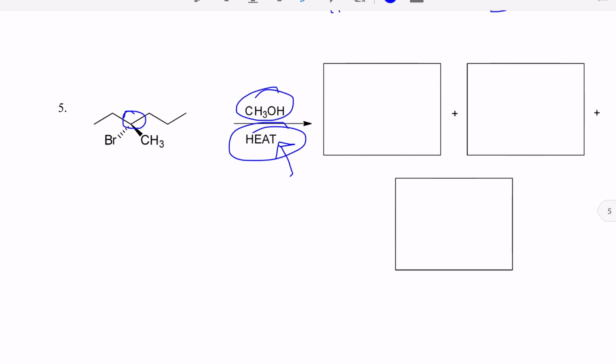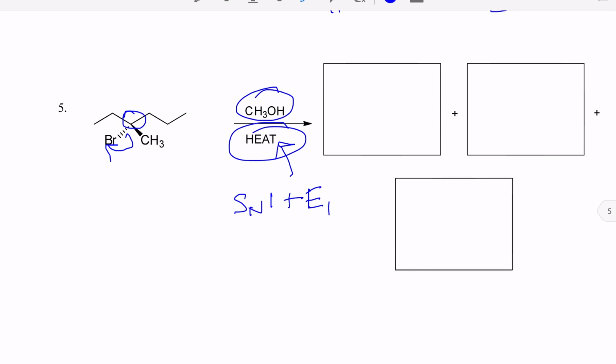So essentially what we end up with, especially in the presence of heat, we get a mixture of SN1 and E1 reactions. It's a competing combination of these reactions. And that's what gives us 3 possible products. So for both of these reactions, the first step that always occurs is the removal of the leaving group. So essentially this bromine group leaves.